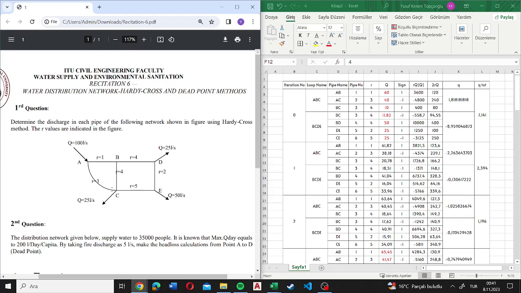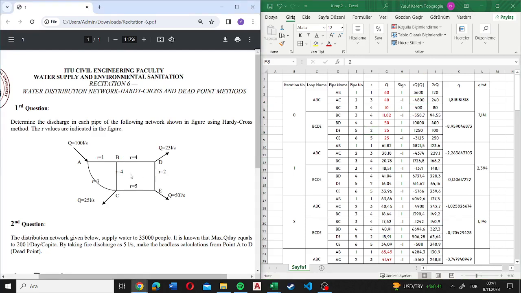If the flow is reverse according to our clockwise direction assumption, the sign is minus, and we calculate the RQQ value with a minus sign. So after the question description, let's look at our Excel file.